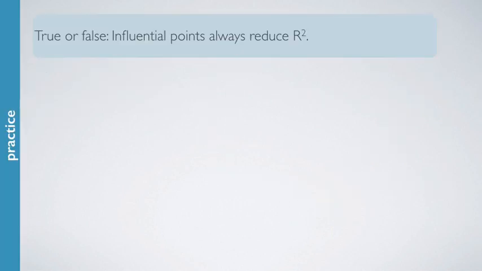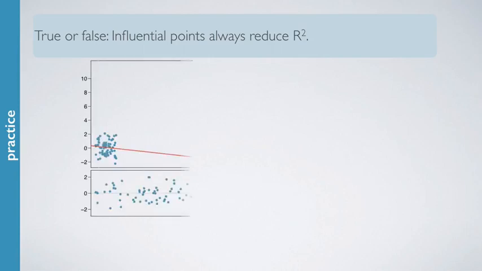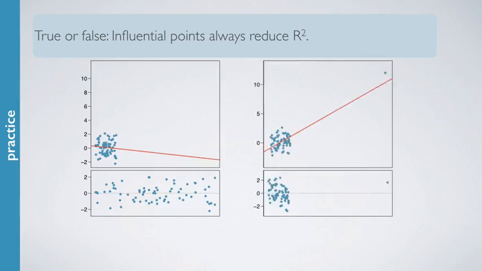One last remark on influential points. Let's take a look at this statement and evaluate whether it's true or false. Influential points always reduce r squared. It is true that influential points tend to make life more difficult, but is it true that they always reduce r squared? Let's take a look at these two graphs, one in which we have an influential point and one where we don't.